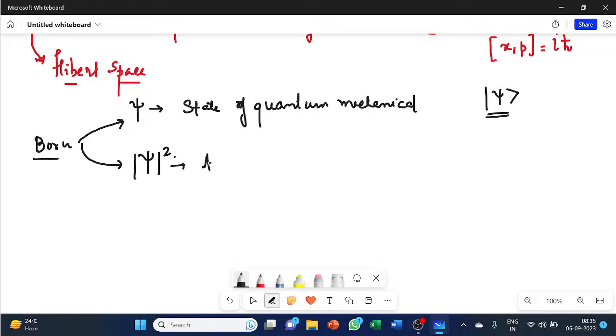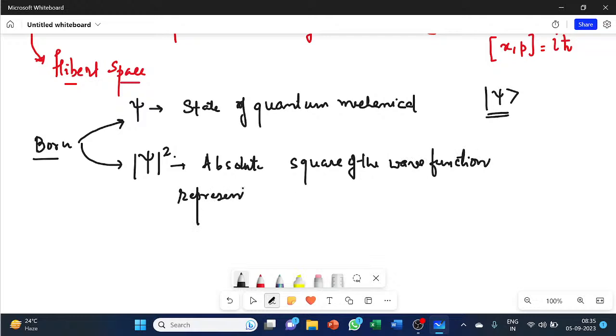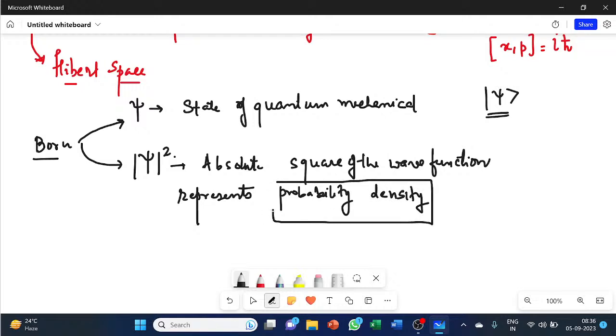I'll write that the absolute square value of this wave function represents the probability density. It represents the probability density of finding the particle.